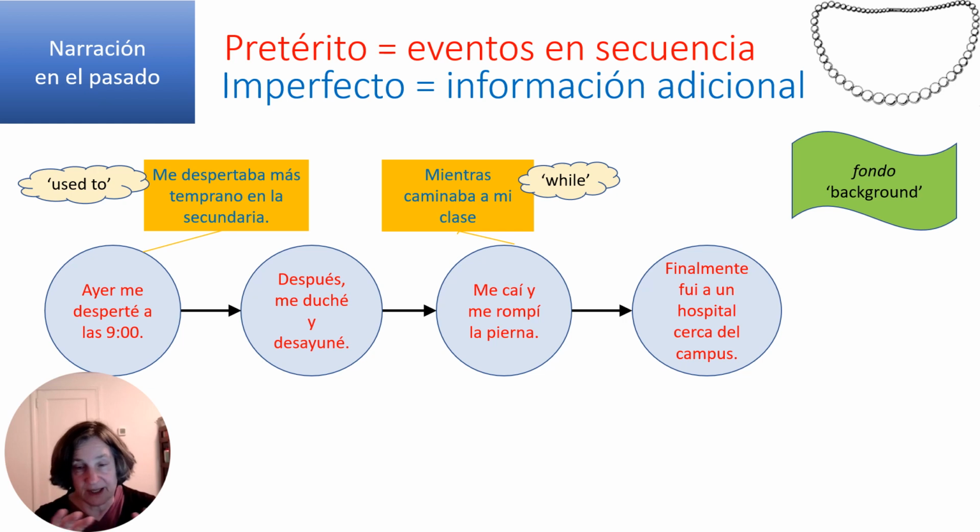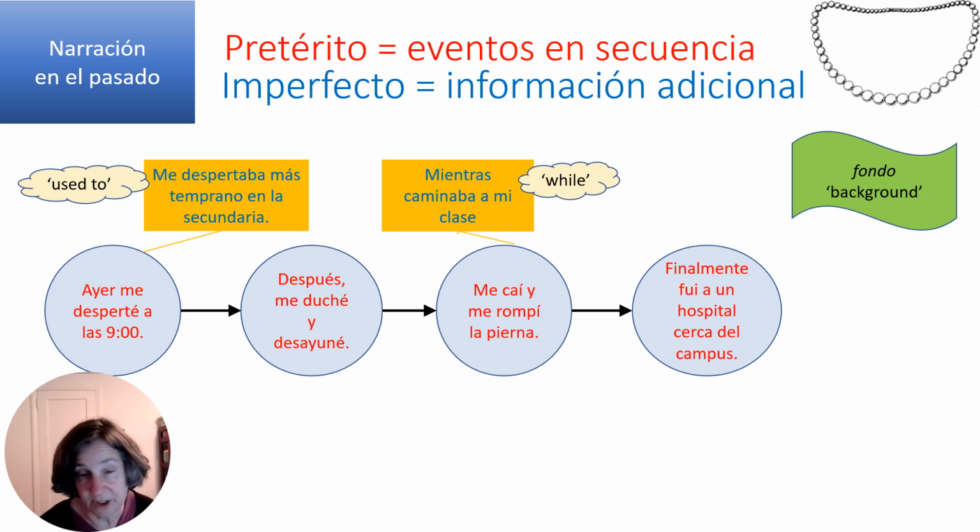And that just, again, sets up the background for the catastrophic event. So if you picture that mientras caminaba a mi clase, I'm walking along and then boom, me caí, that pattern of a background event that's going on with mientras and the imperfecto, and then the interrupting event in the pretérito is classic. And again, you can also use it with cuando. So when I was walking, I fell down.